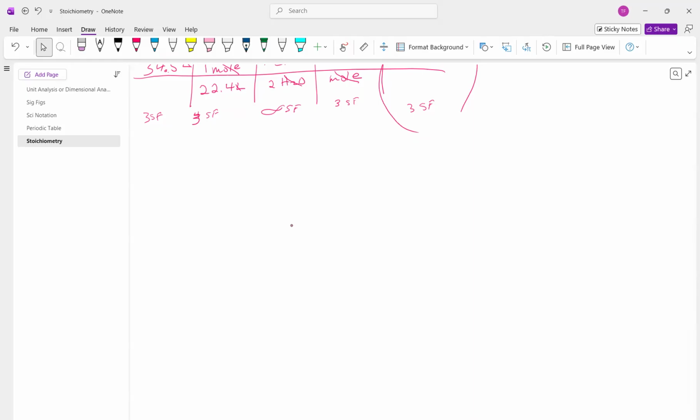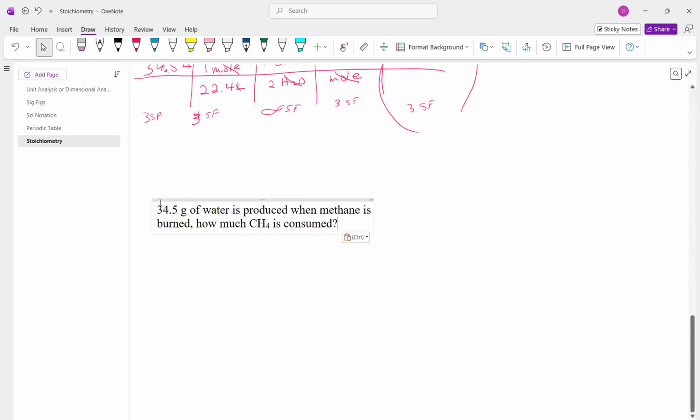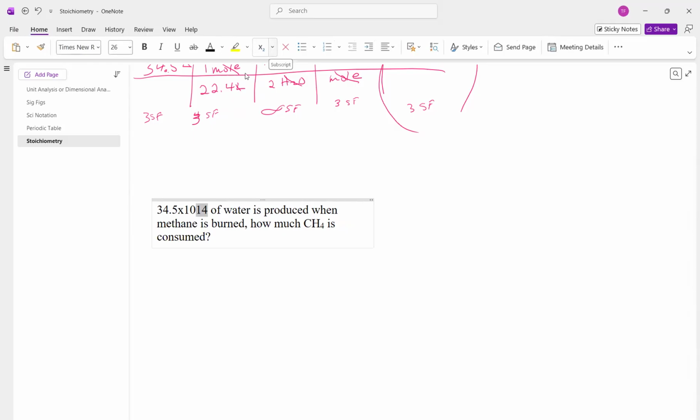So we're going to mix up number of molecules and grams. Okay, so balance the equation.